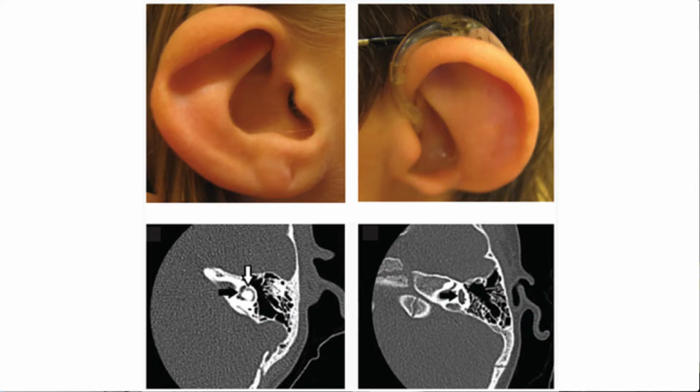And then just adjacent to that on the top right is a slightly more underdeveloped ear. A lot of the folds, which we call the antihelical folds, for example, are missing. The ear looks a lot smoother with a lot less of the ridges and definition that would be typical.